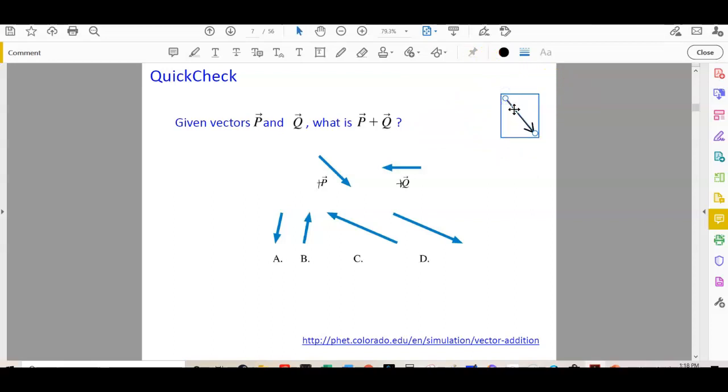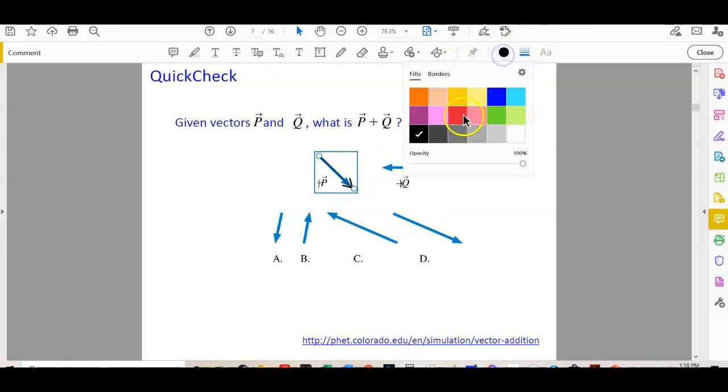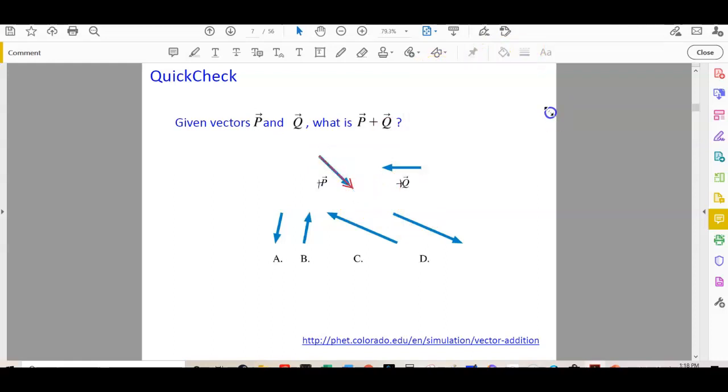Well, we're back. What I'm going to do is, again, P is going to be red. So I'm going to designate that as red. I just want to make sure I get the magnitude correct, meaning the size of that vector. I want to get the same size. Okay.